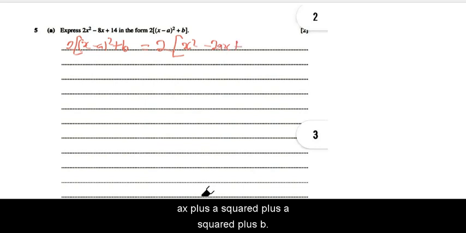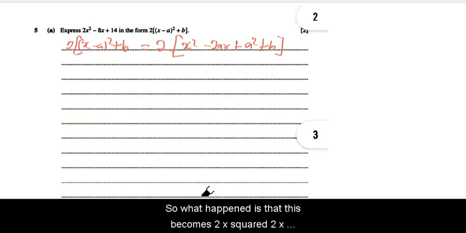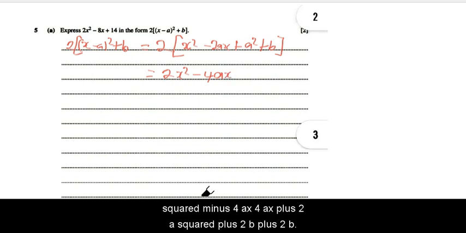So what happened is that this becomes 2x squared minus 4ax plus 2a squared plus 2b.